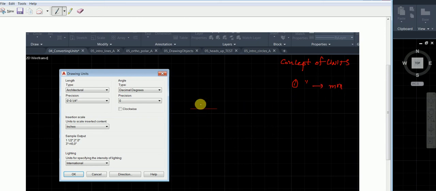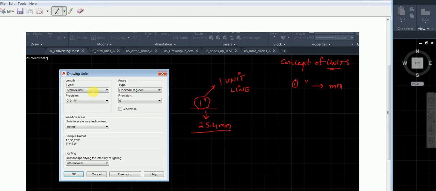I drew a line of 1 inch, I should get here 25.4 millimeter, isn't it? Any comments? And one more thing I told you a couple of minutes ago, you're not going to tell me this is a 1 inch line. You're going to say, John, this is a 1 unit line. Why? I didn't explain. I will explain now. Any comments?